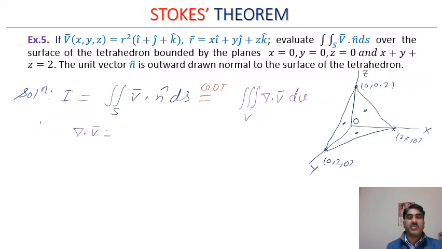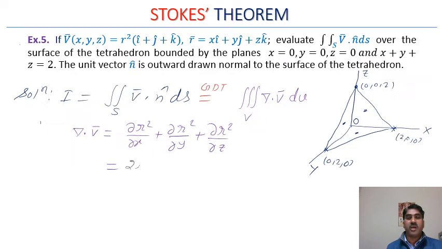This is del r square by del x plus del r square by del y plus del r square by del z, and you already know how to deal with this type of partial derivative.